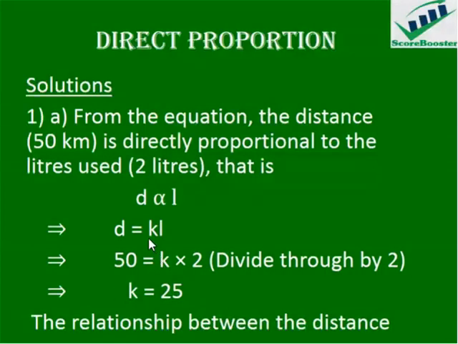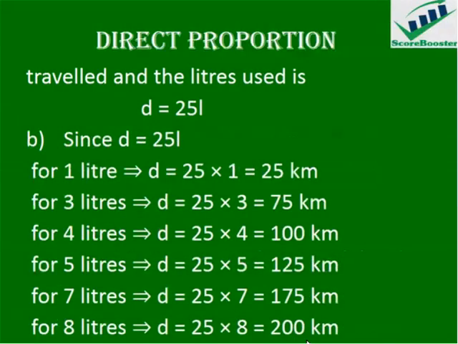So we'll bring it back to the equation. The relationship between the distance traveled, which is the first question, and the liters used will be what? We have D equals KL, and the value for K is 25. So we have D equals 25L. So this is the relationship between the distance and liters. So now, no matter the value of liters, we'll always get the distance it covered using that particular liters of petrol.